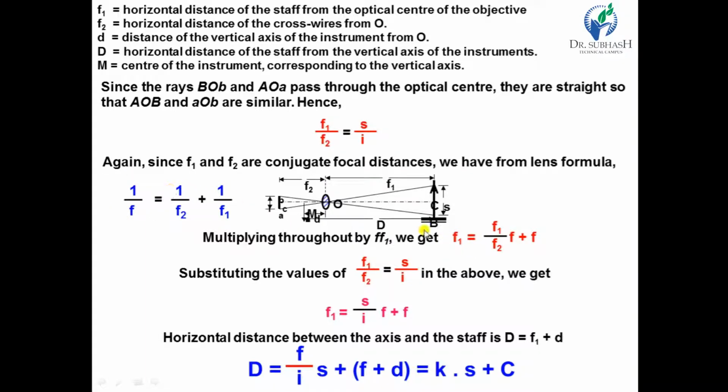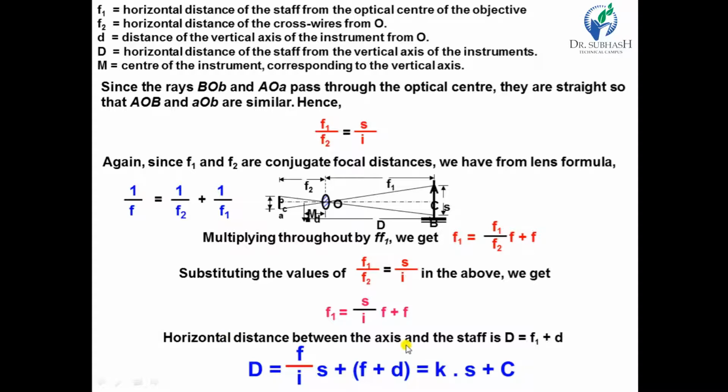After dividing, we get F1 is equal to F1 upon F2 multiplied by F, plus F. After putting in the value F1 upon F2 equal to S upon I, we get another formula: F1 is equal to S upon I into F, plus F.